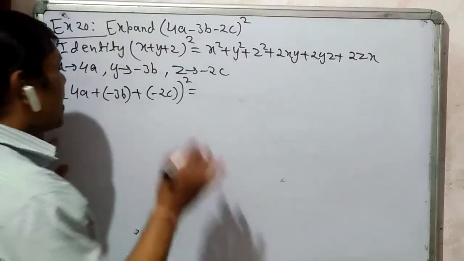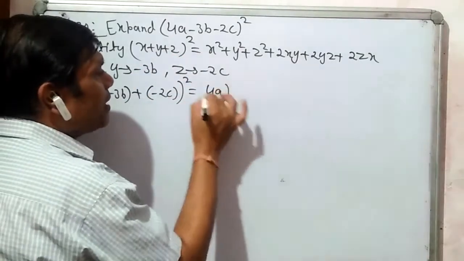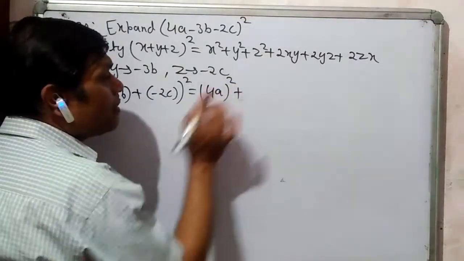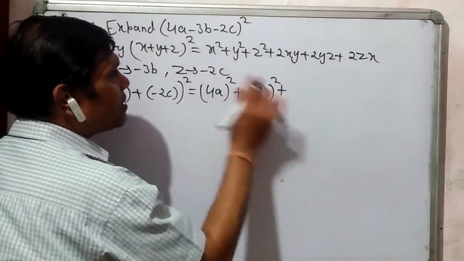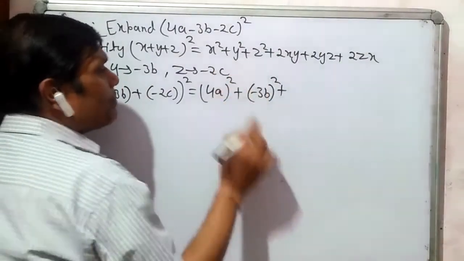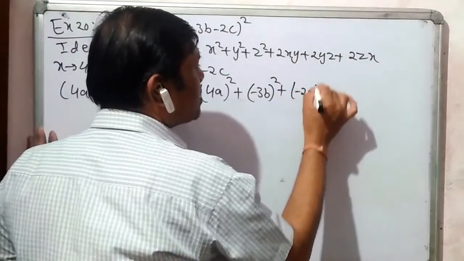Let us place x. What is x? 4a. Its square is there. What is y? Minus thrice b. Its square is there. Y square. What will be z square? Minus twice c square.